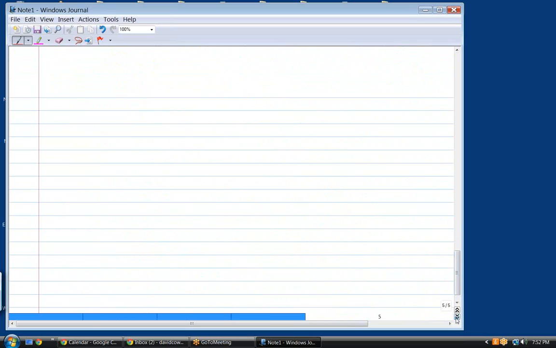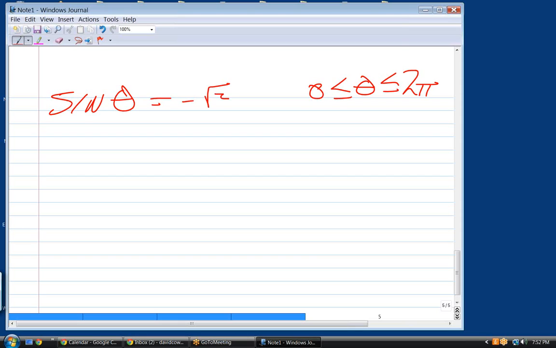Okay, what else you got? Next one is find an angle theta, 0 less than or equal to theta less than or equal to 2 pi, that satisfies both sine theta equals -√3/2 and cosine theta equals 1/2.